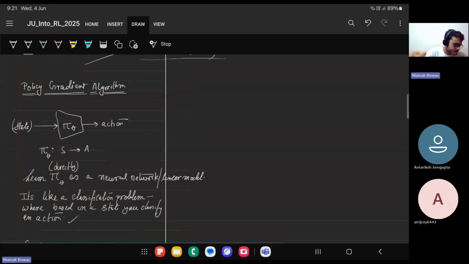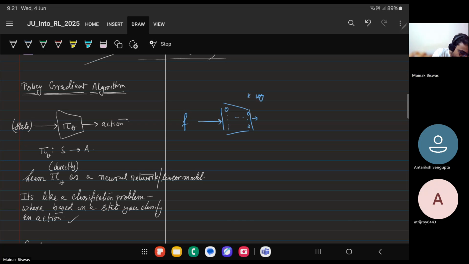So again, recall, what do I want? I want my states to be given to my neural network. It can be a multiple layer neural network with a k-way classification, which will give me a probability over actions.